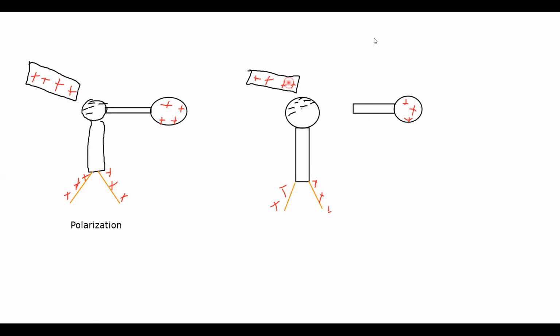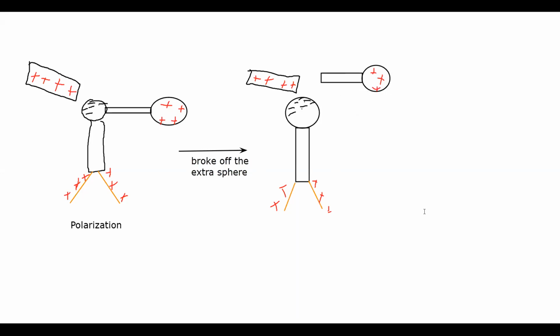I'm going to take away these two. So first I broke off the extra sphere. Okay, and we didn't really do anything to the charges. We just took it away and took this away.